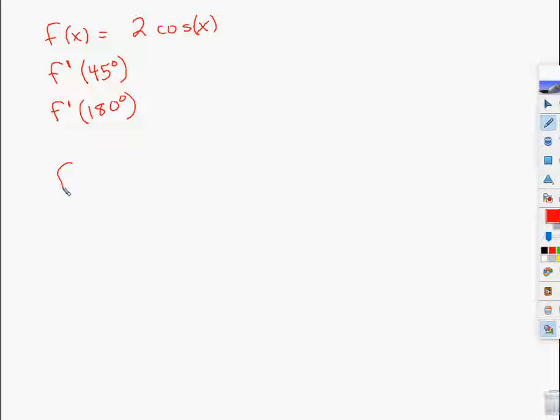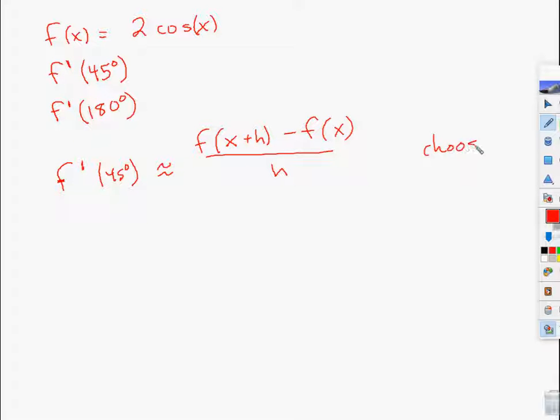So our derivative, and we're actually going to put in the number. So our derivative at 45 degrees is going to be about f of x plus h minus f of x all over h.